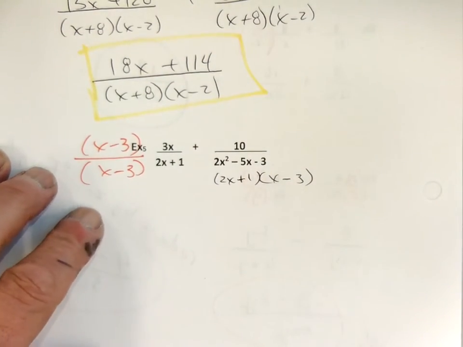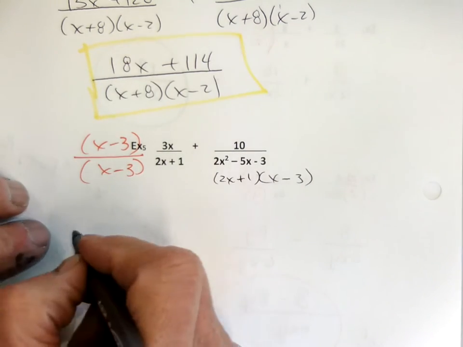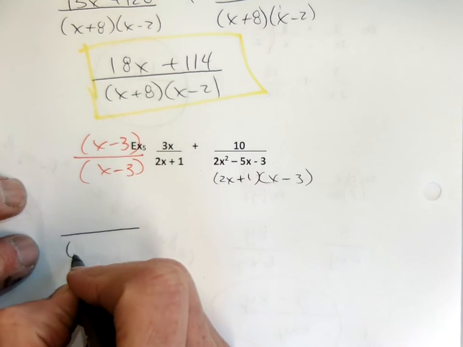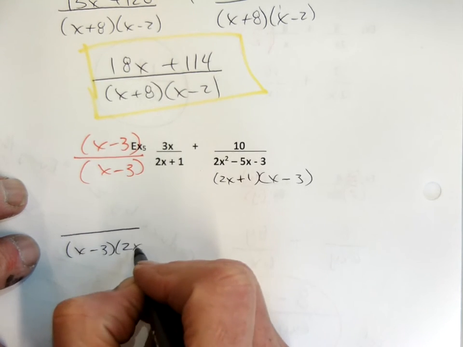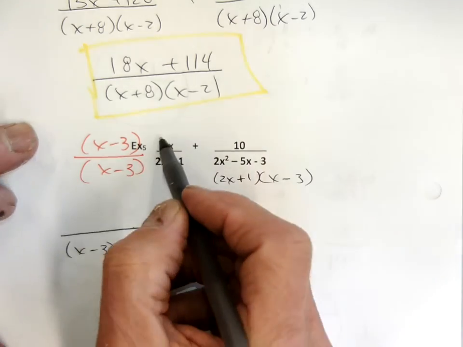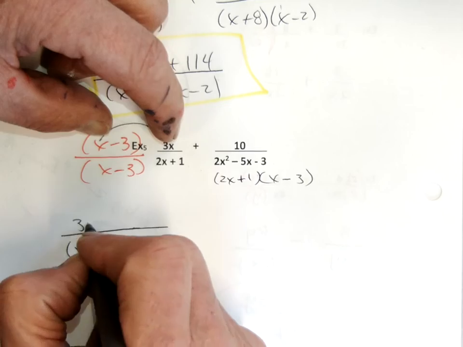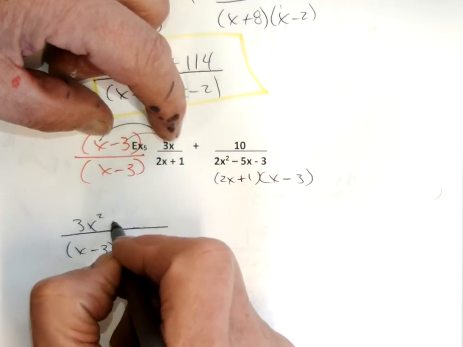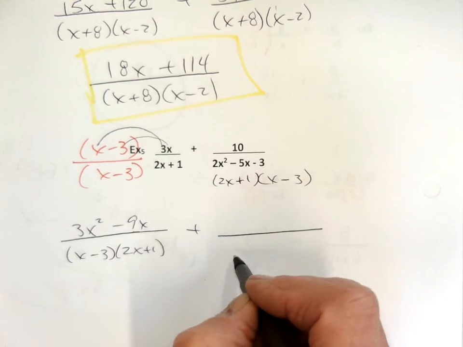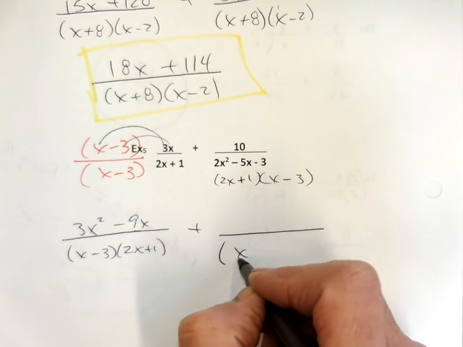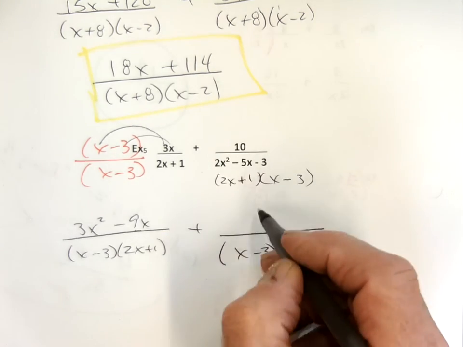So that my common denominator is going to be my x minus 3, 2x plus 1, and on top I'm going to get 3x squared minus 9x plus 10.